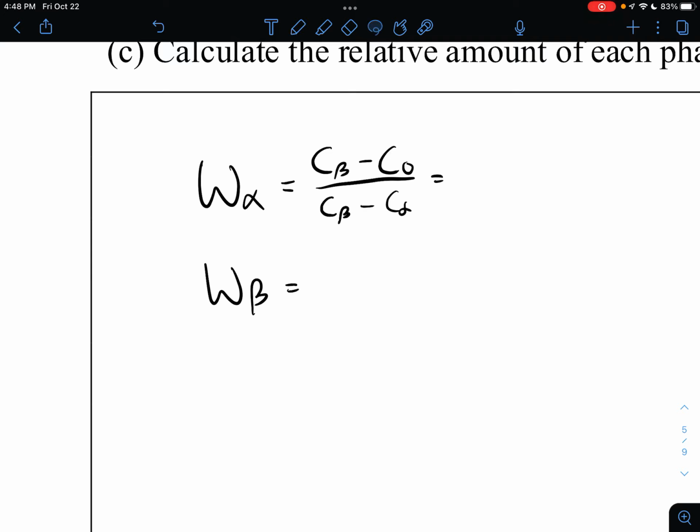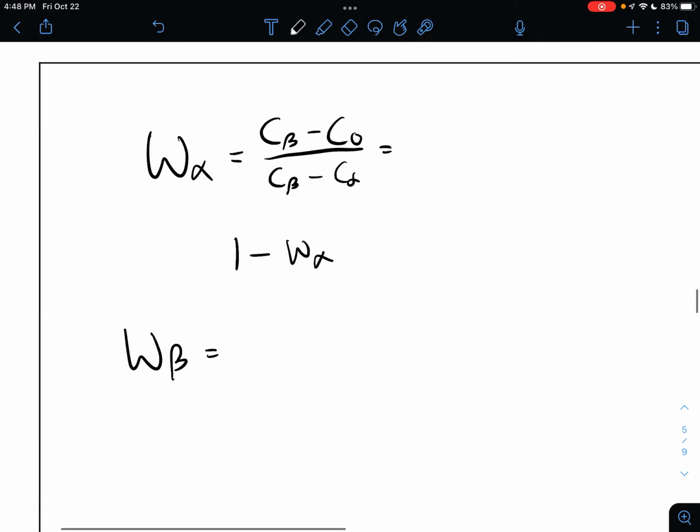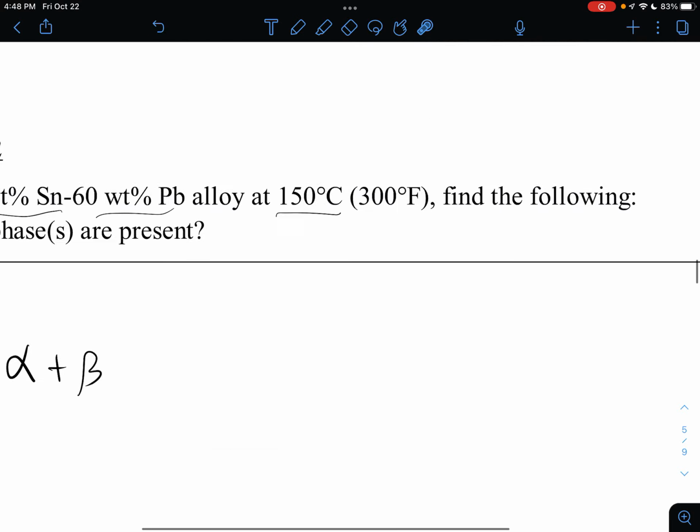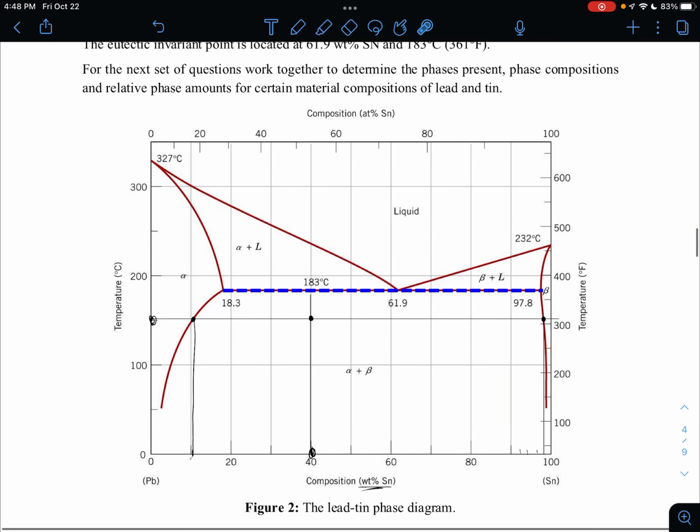Now for beta, we do the same kind of procedure. You could do 1 minus weight alpha, because if you add them together, they have to equal 1. I'm just going to solve it out and get the formula anyways. So our beta is this side, because we intersect over here, so we're going to the opposite side.